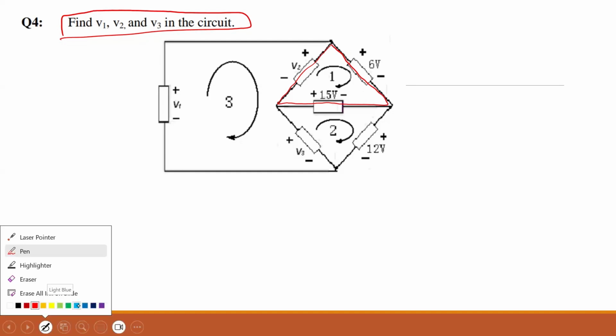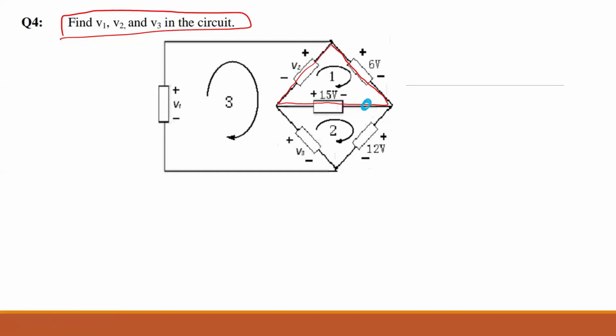When applying KVL, we start at a point and we go around in any direction. It's up to you which direction. So I'm going to go this direction. Whenever you are entering a negative sign, that means you have to subtract that voltage. So minus 15. Then you are going to the minus side of this, so minus V2. Then you are going to the positive side of 6, so positive 6.